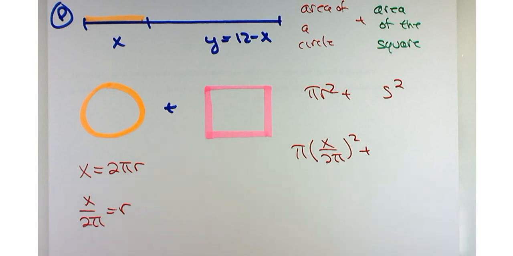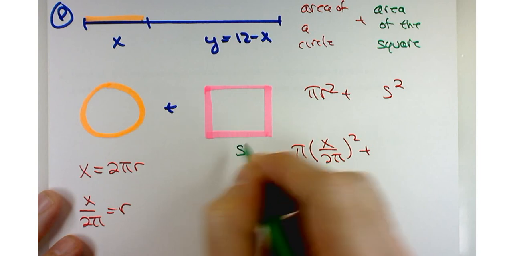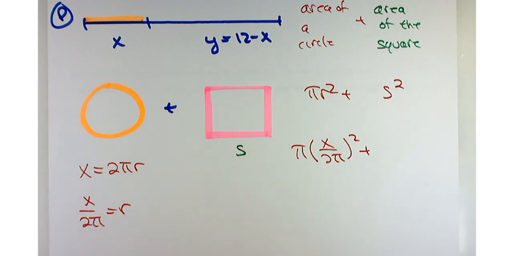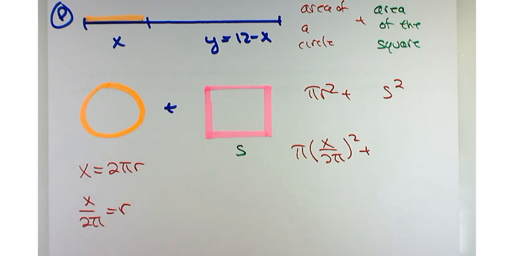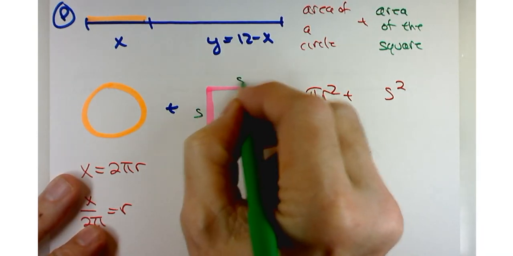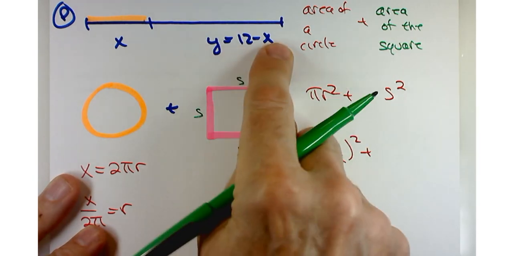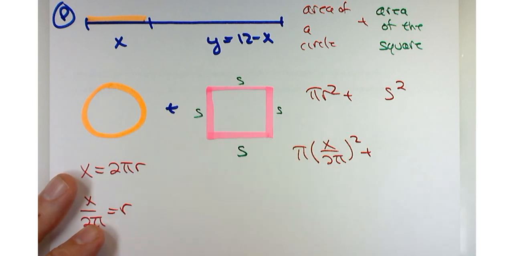How about the area of the square? I've got to work with that now. Let's call the side length S, according to S squared. What is the length of that one side? 12 X. Oh, sorry. Almost. Remember, you've got that side here, here, here, and here. So that 12 minus X really gets distributed amongst all four of these sides, right?